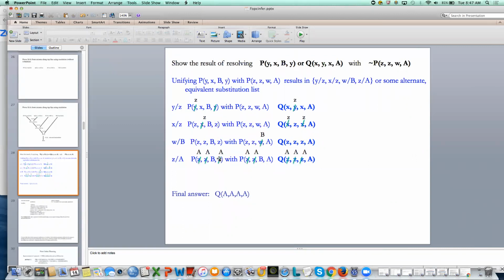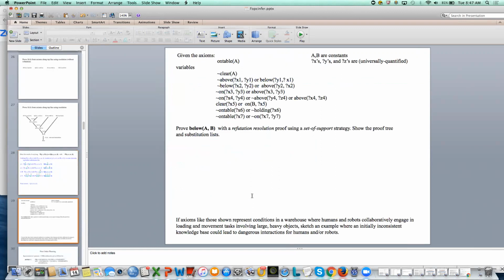And finally, you would get to this last argument, and you would bind z to a, and then you would apply that substitution throughout all the expressions, including the Q expression. And so the final answer of what you'd be left with if you were to resolve those two expressions would be this one.